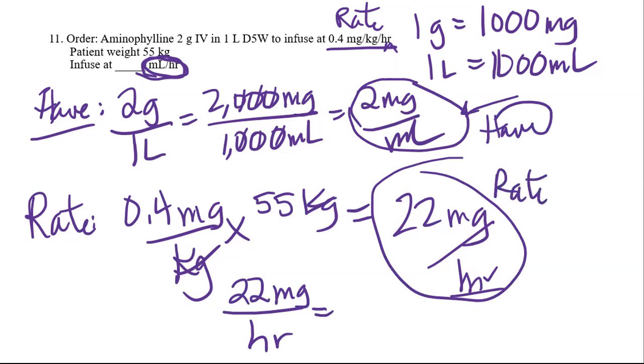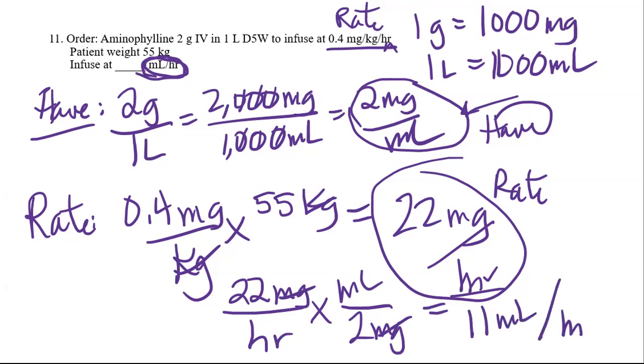Okay, so we take the rate and multiply it by what we have. So that would be times, and we want milliliters over hours. We got hours at the bottom. So we're going to go mLs divided by 2 milligrams. And so we cross out milligrams. 22 divided by 2 is 11 milliliters per hour. Okay, and that's your answer. It's the correct answer.